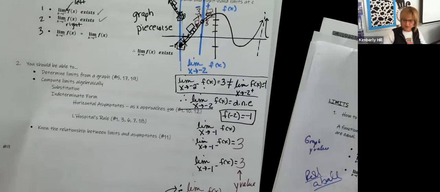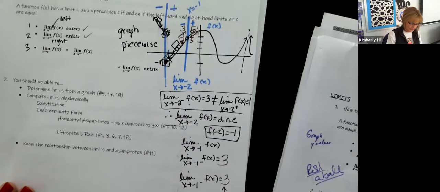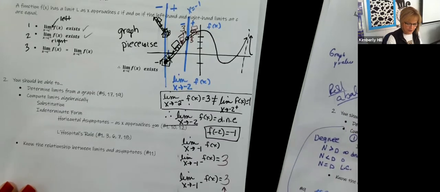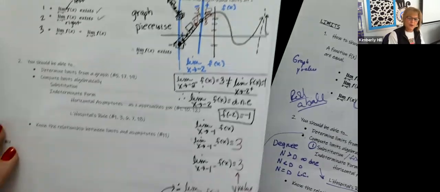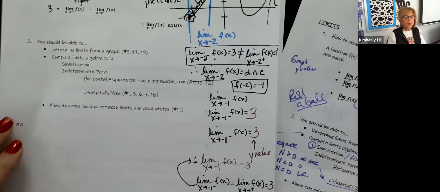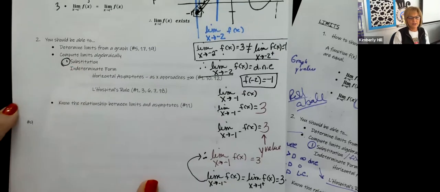All right, so going back to the front. One, we've looked at what to do with graphs. Now another big deal is algebraically. If we think about limits algebraically, don't forget your first line of defense is always substitution. I'm going to write some little notes down here.